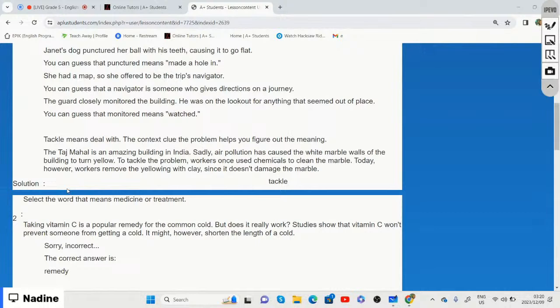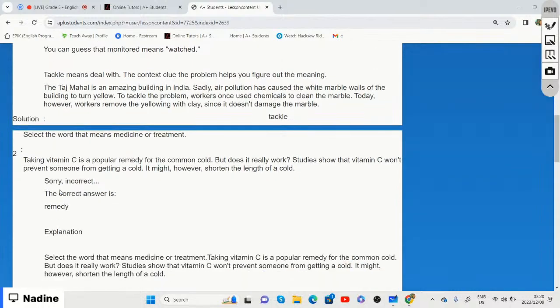So also, we need to select the word that means medicine or treatment.